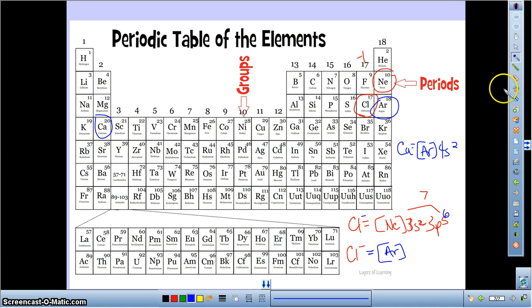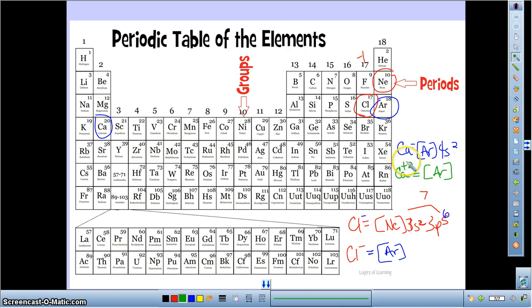Okay, so what happens when I want the electron configuration for calcium 2+? Because we know calcium tends to lose these 2 electrons and be more like argon before it. I just write calcium and brackets around argon. But that's telling me that the calcium ion is the same electronically as the argon atom is.